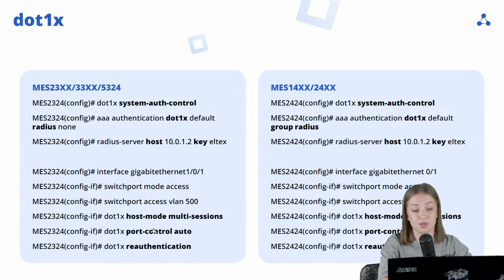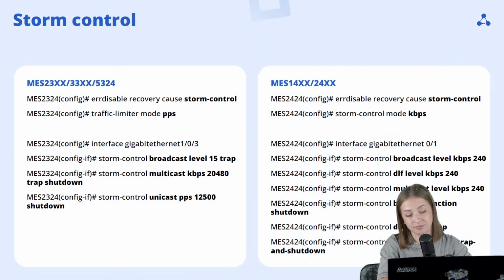Next, with the command port control auto, we allow 802.1x to change the state of the interface between unauthorized and authorized. And with the last command, we are just enabling the reauthentication. By default, the reauthentication timer is set to 1 hour.